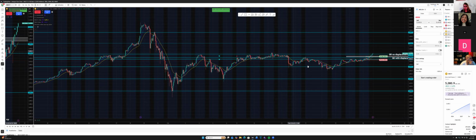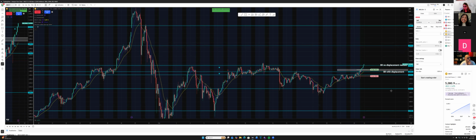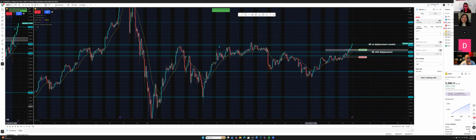But we've been consolidating on this 50% level right here, and now we're starting to break out. So we plateaued here. I'm basically waiting for a break and retest of this 1 hour level to go higher.